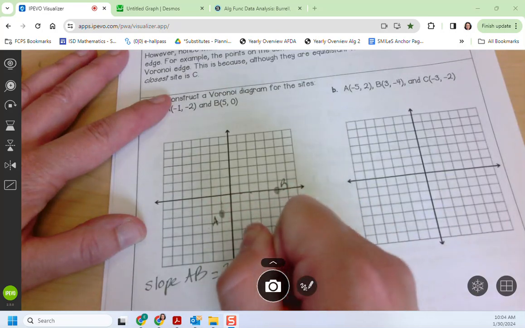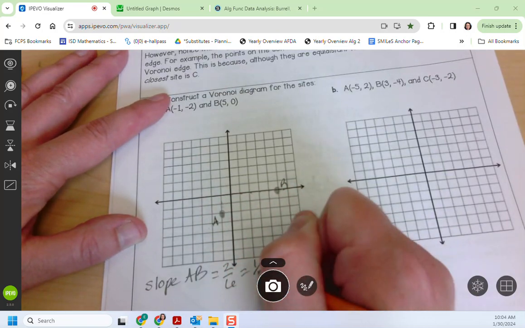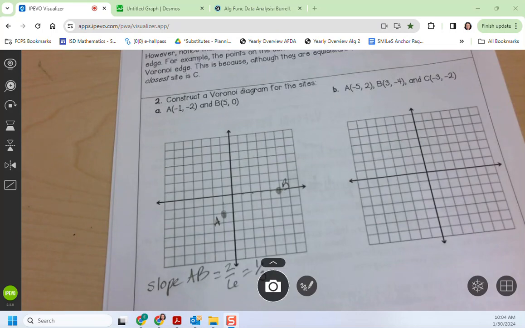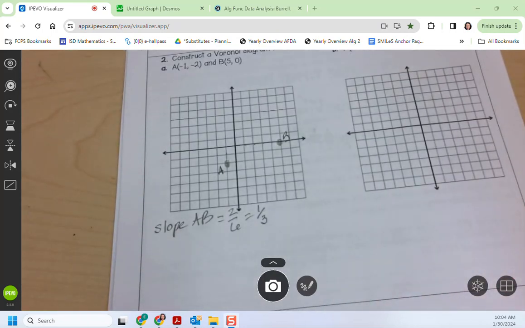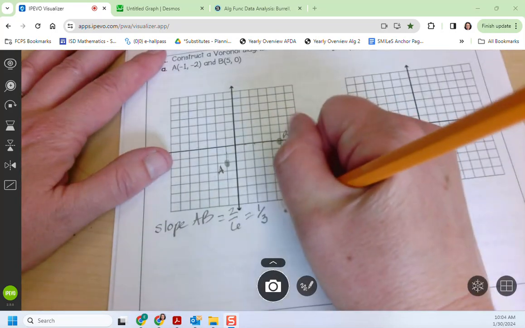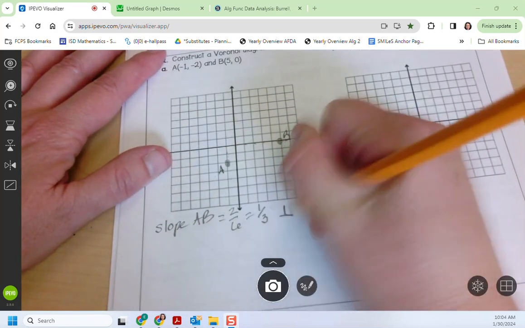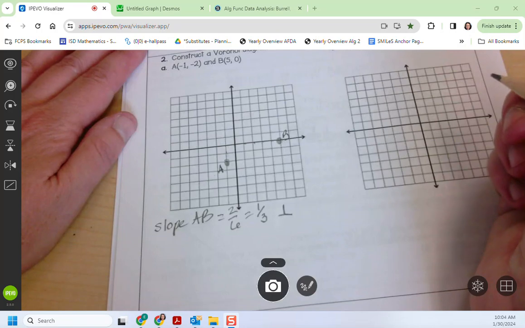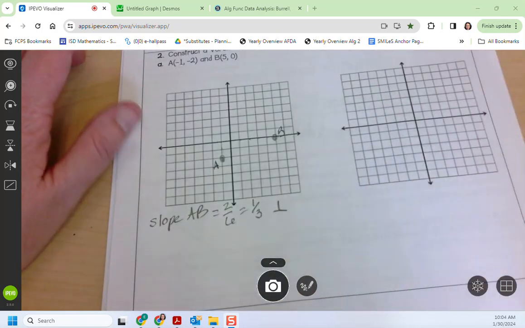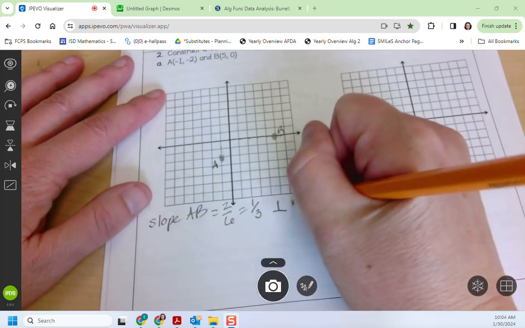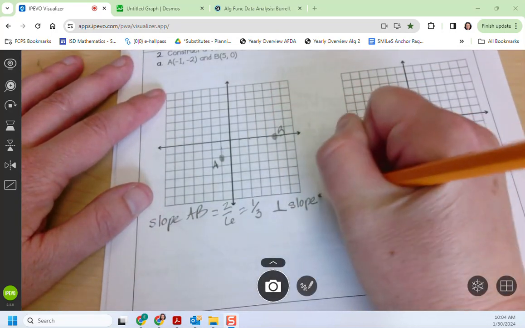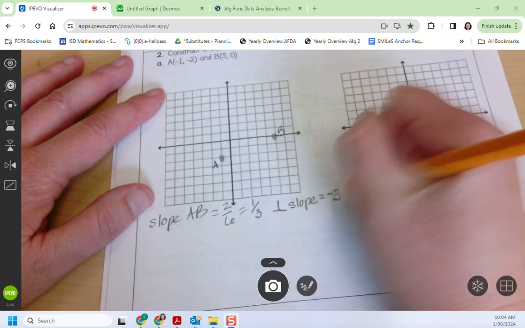So 2 over 6, which is 1 over 3. So what slope would be perpendicular to 1/3? Good. You have to do the reciprocal and take the opposite. So the perpendicular slope is -3.